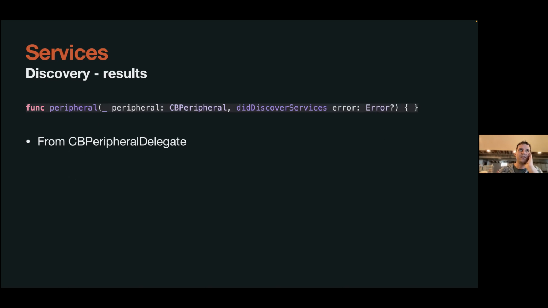To get service results, you have this delegate callback: didDiscoverServices, and it gives you the peripheral. The important thing here is it's not giving you a collection of services, but it is giving you that peripheral, except now peripheral.services will be inflated with any services that were found.